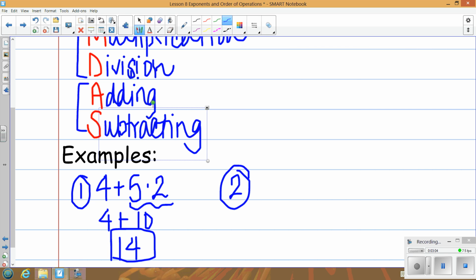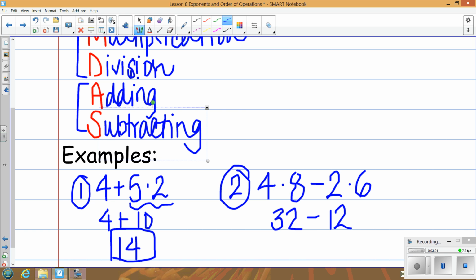Okay, let's look at another one. So I have 4 times 8 minus 2 times 6. Order of operations. Multiplication is going to come before subtracting. So I'm going to do 4 times 8, I get 32, minus 2 times 6, I get 12, and now I can subtract the 32 and the 12. So we get 20.